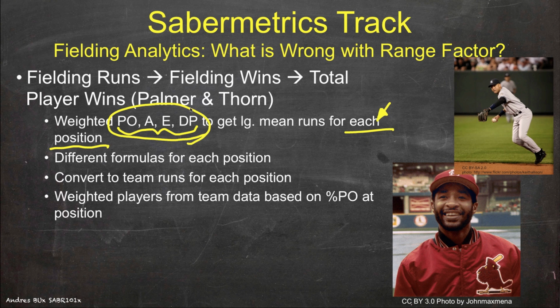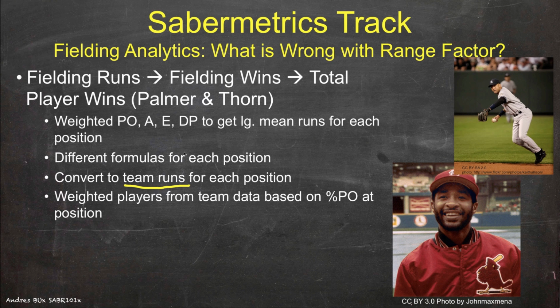And they weighted these box score level data to get league averages. And this is important. That's the start, is to get the league average of runs at each position. And what they did then was take that league average runs at each position and convert them to team runs for each position.